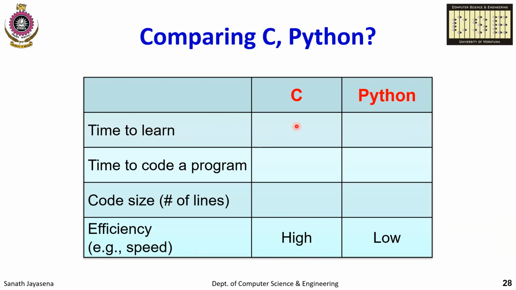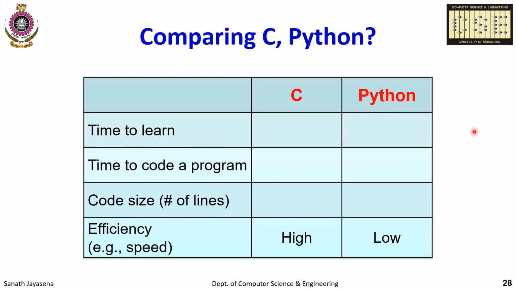What do you think? Right? You should be able to figure out from what we have described so far, and with the example given, the hello world example, you can have some idea about that. I suppose time to code. How much time do you have to produce a program in C and Python?